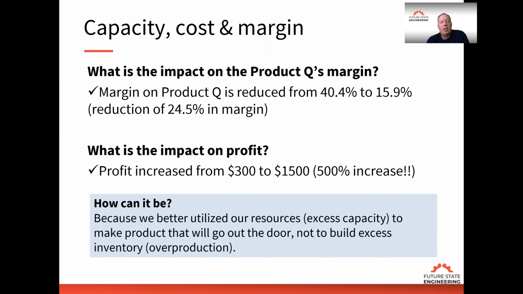Because we're better utilizing our resources, that excess capacity, or what we call hidden capacity, to make products that we can sell, not to build excess inventory, and we call that overproduction. Making product decisions in isolation, sometimes it works, sometimes it doesn't. You need to understand the impact of each of the products on the profit margin of the organization.